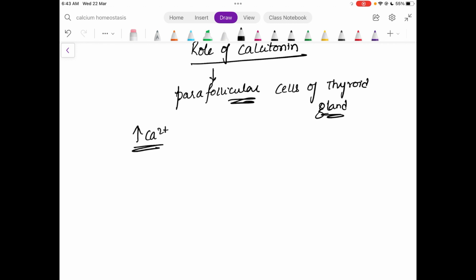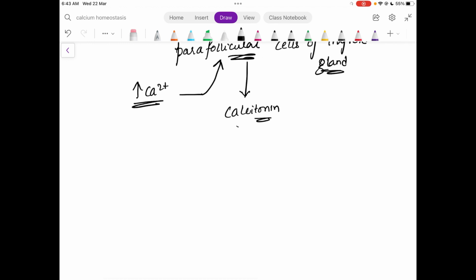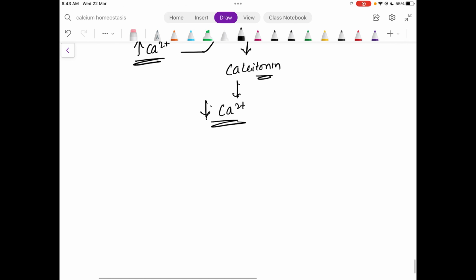Whenever calcium levels are increased in the blood, they will stimulate parafollicular cells and cause release of calcitonin. Okay, this calcitonin will decrease serum calcium levels.